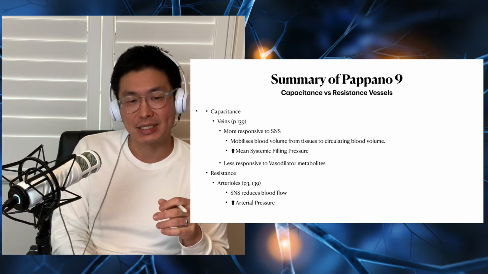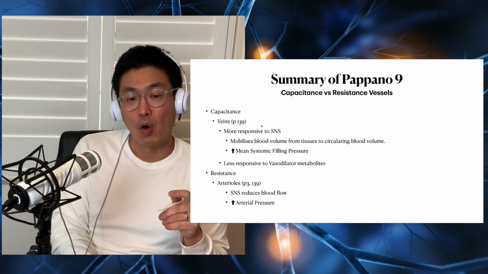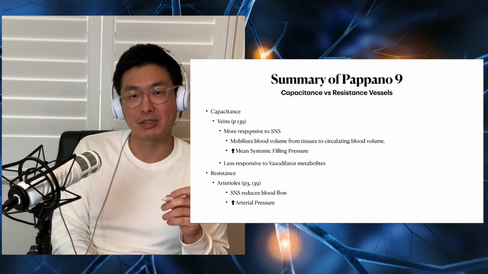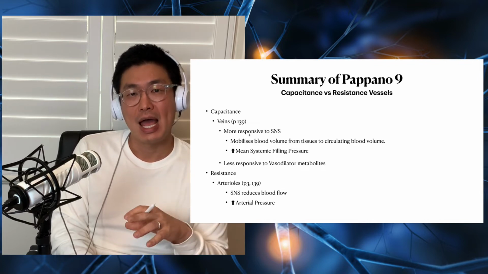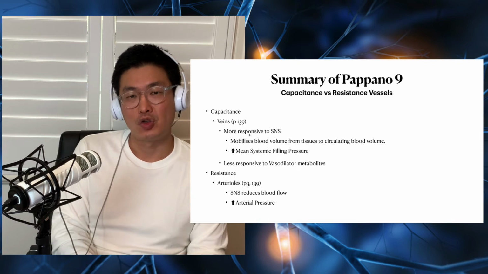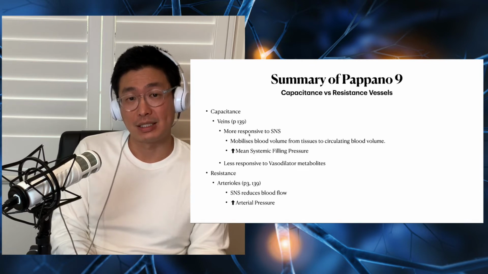So with capacitance vessels and veins, it's more responsive to sympathetic nervous stimulation, and it mobilizes blood from tissue to the circulating blood volume, and it increases your mean systemic filling pressure. It is less responsive to vasodilator metabolites.